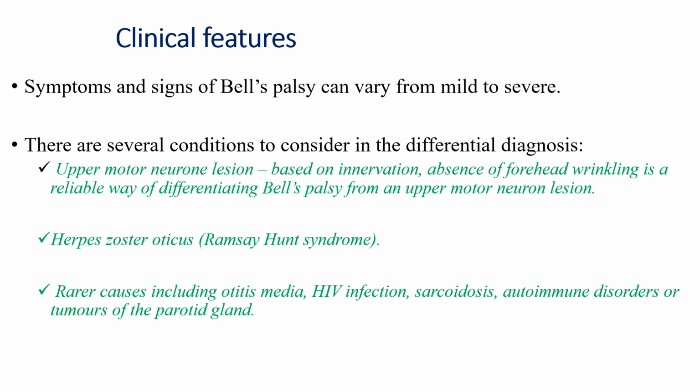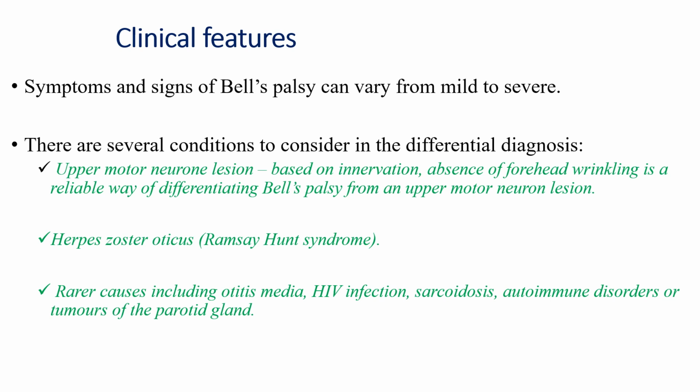Because the upper part of the forehead is innervated by both sides, an upper motor neuron lesion affects only one side of the brain most of the time. In Bell's palsy, there is no forehead wrinkling.